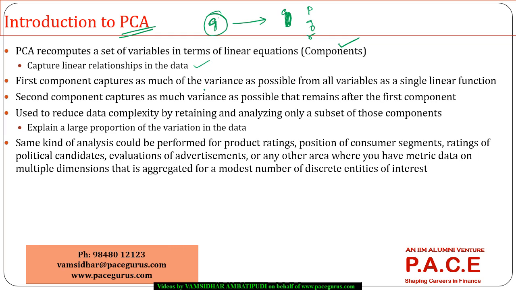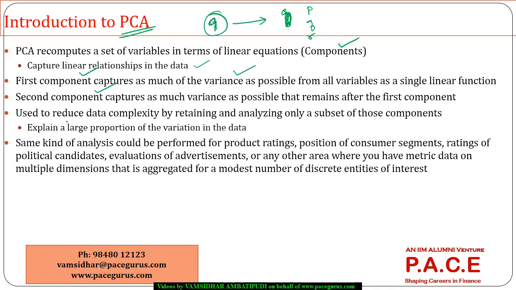The linear relationships in the data are what is captured as part of PCA. The first component captures as much variance as possible. Whatever is remaining, as much variance as possible is captured by the second component.